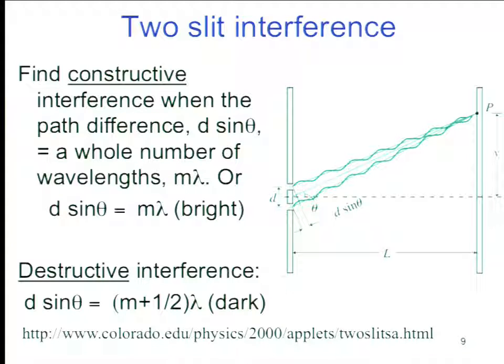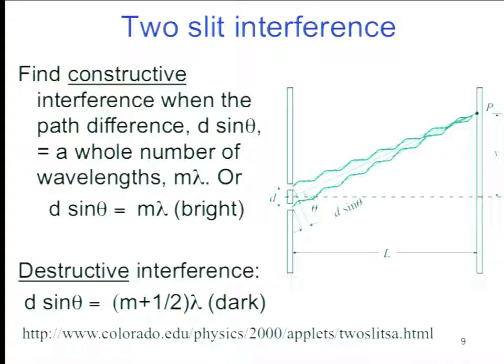What you want is an odd number of half wavelengths, n plus a half lambda is d sine theta, which will be a minimum, and n lambda is d sine theta, which will give you your maximum, where n is a whole number, an integer.